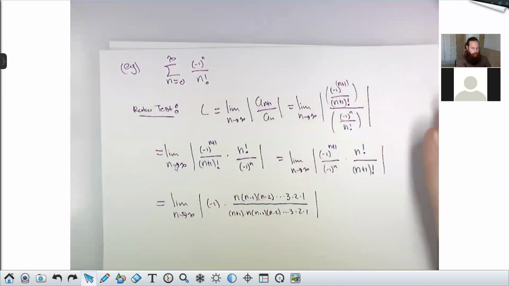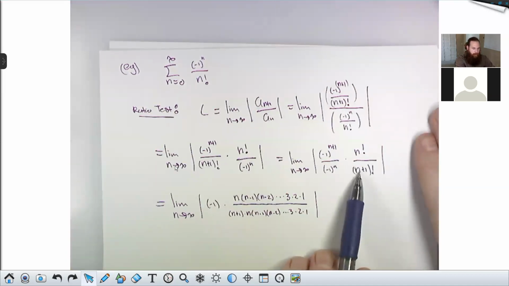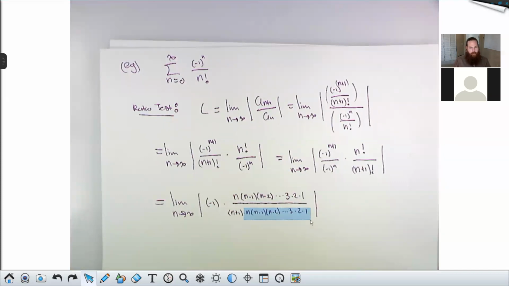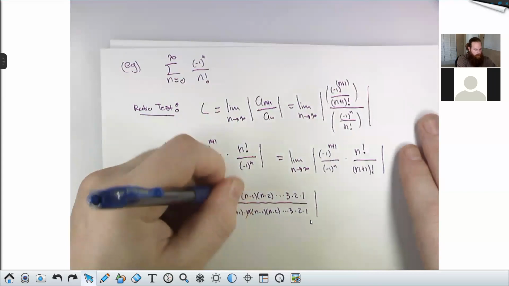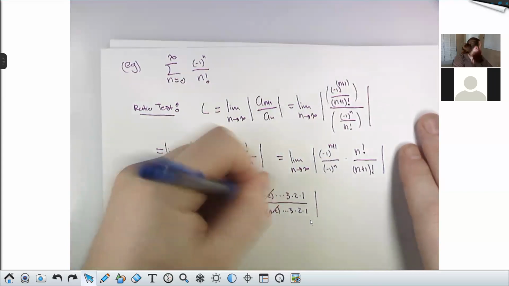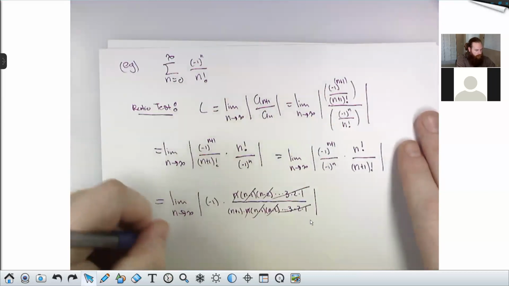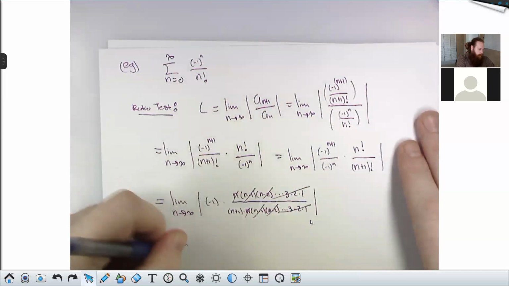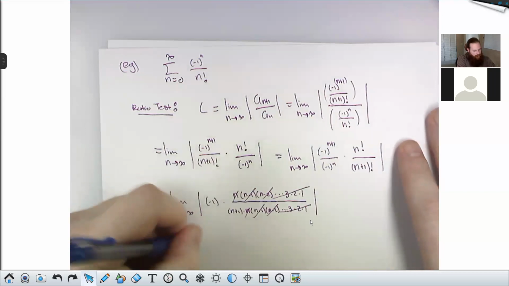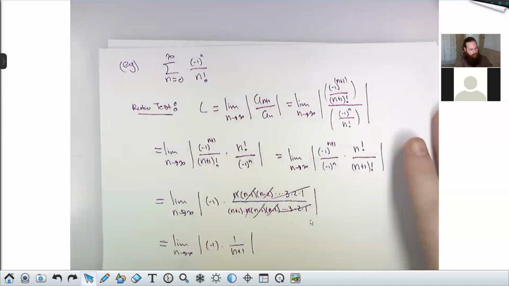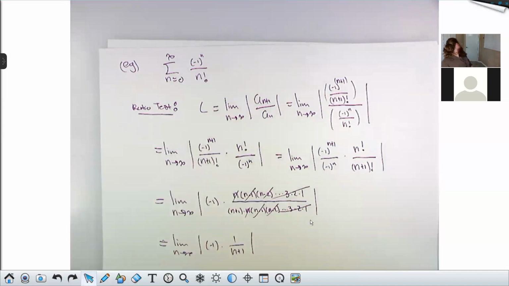We've talked about this before. A bigger number's factorial contains the factorial of any number smaller than it. So hiding inside of (n+1) factorial is a copy of n factorial. The n's cancel, n minus 1's cancel, n minus 2's cancel. All of it cancels. So what's left is the limit as n goes to infinity of the absolute value of -1 times 1 over n plus 1.